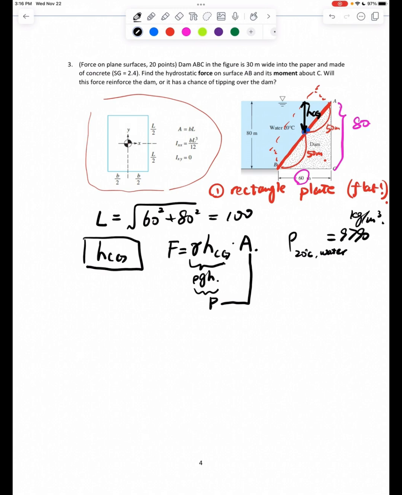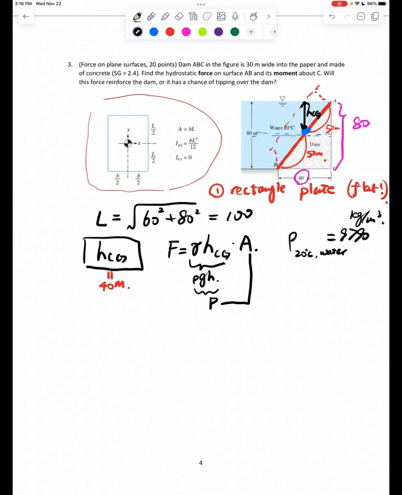The centroid is at the middle, right? It's also the middle of this total height. So HCG should equal 40 meters.